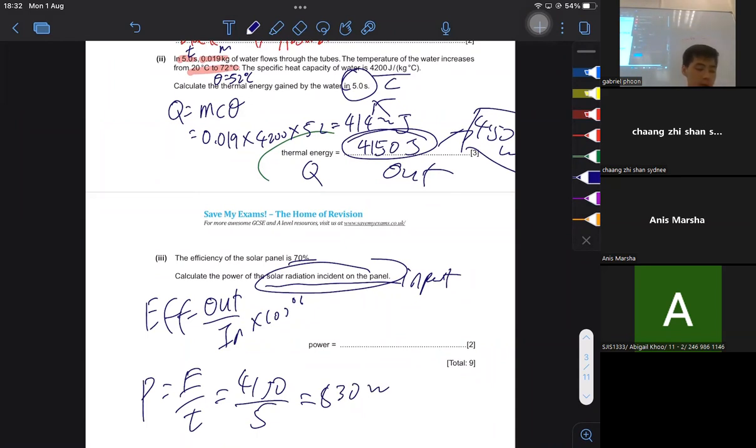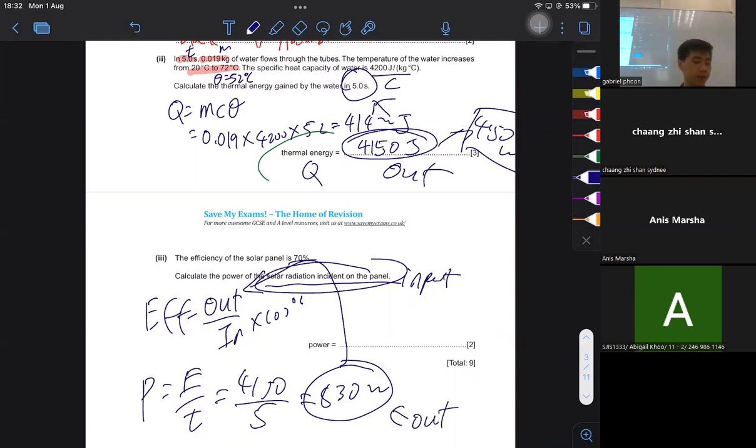830 watts. Wait, what? 1179. Oh, you'll get 1179, is it? Yeah, correct. So you're supposed to substitute this in this way, guys. This one is supposed to be the output.